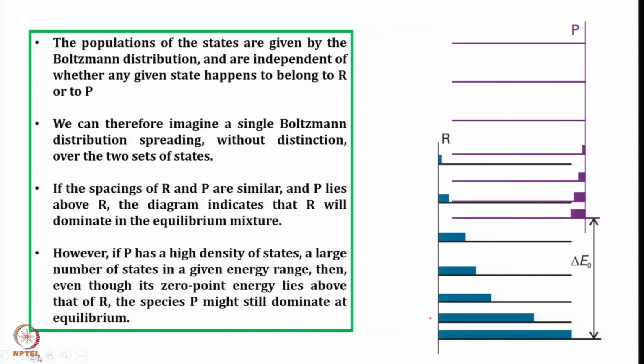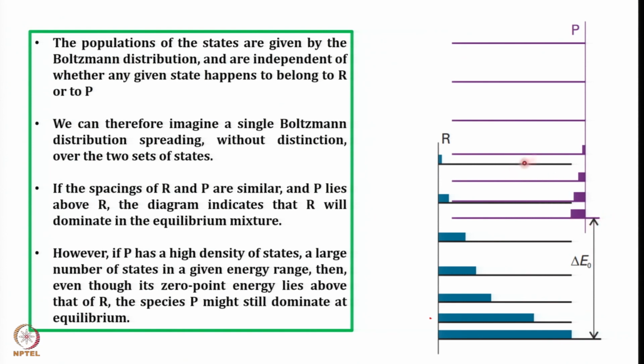When I apply this to reactants, my 0 point energy is this. This is the 0 point energy of the reactants. And then you have distribution and there are certain number of molecules. And then if I write the same thing for the products, then your product 0 point energy starts from here, which is well above the reactants.